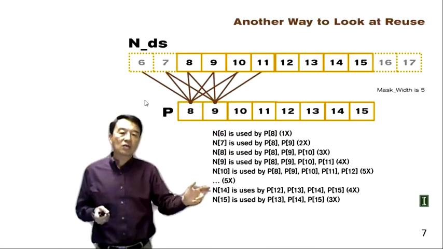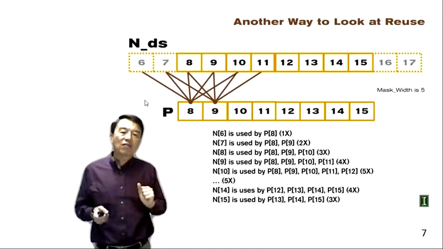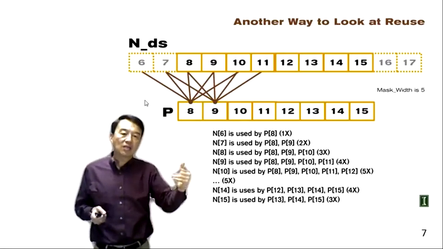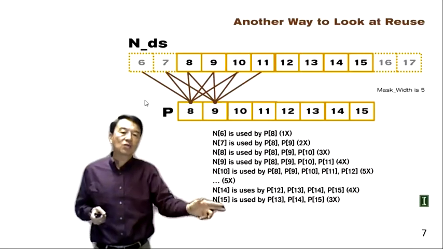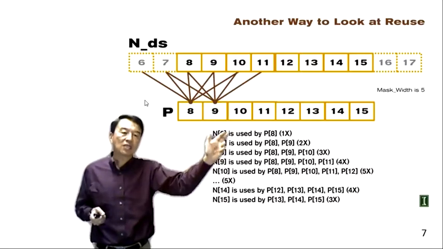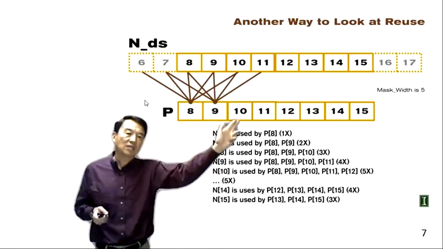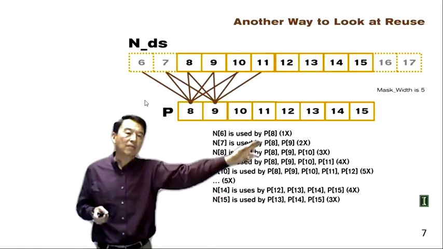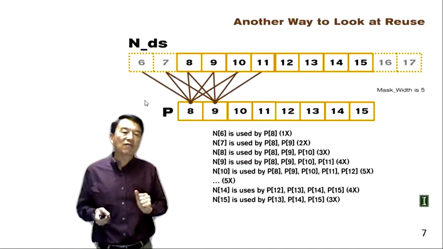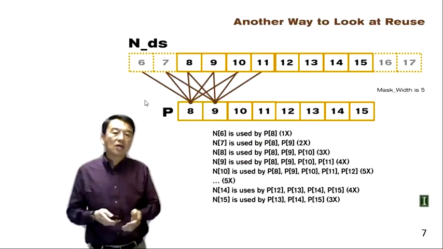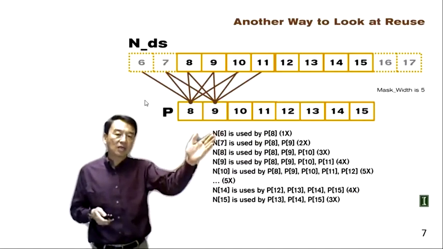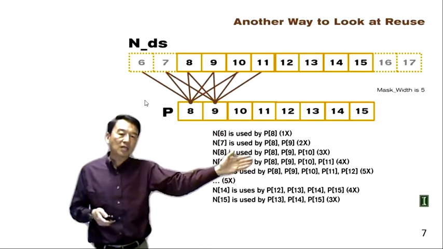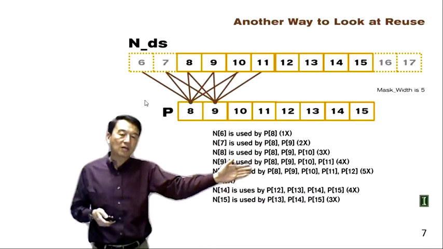Element 14 is only going to be used by the calculation of 4 elements, meaning output elements 12 through 15. Then element 15 is going to be used 3 times, element 16 is going to be used 2 times, and element 17 will be used only 1 time, basically to calculate the output element 15.